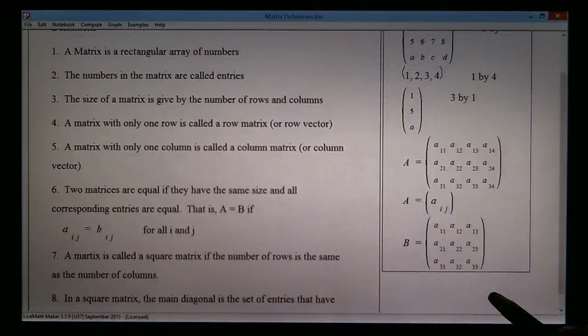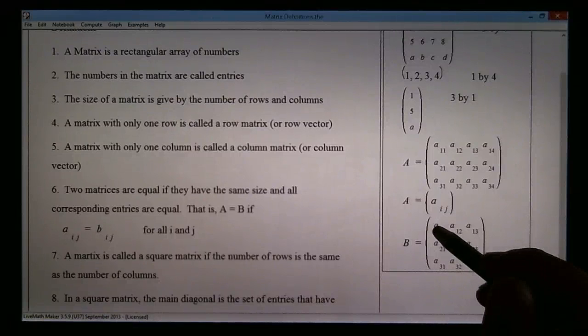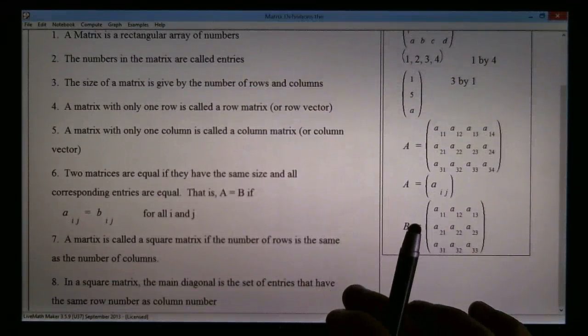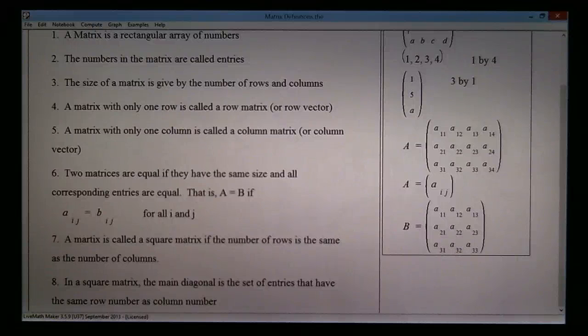There are two diagonals on a square matrix, and the main one is that downward sloping one, where the row number and the column number are all the same. Okay. So there are some basic definitions. Now we'll move on in the next video to do some arithmetic.